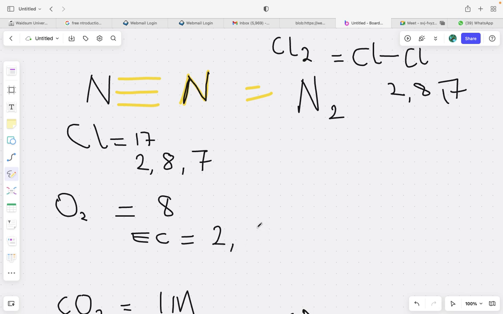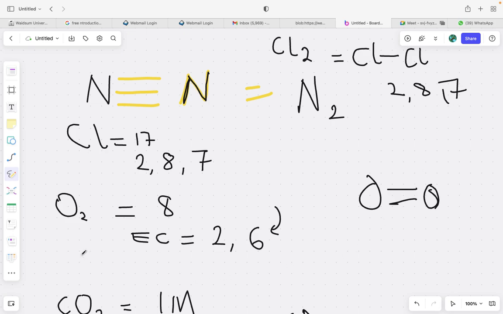Second shell is left with 6 after you take 2. So it's looking for 2 more electrons. So it's going to have double bond. Anyone looking for 2 electrons to complete its outer shell will do what we call double bond. If you are looking for 1 electron to complete 8, you have single bond.